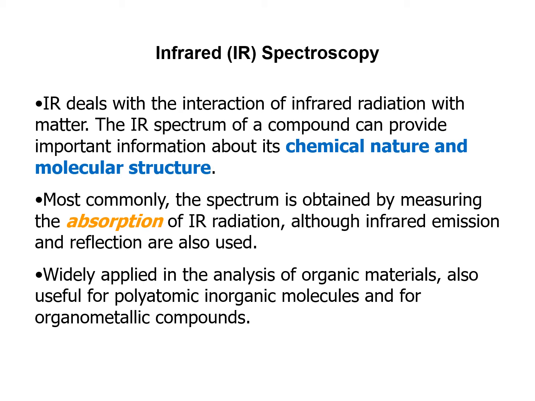You can have IR radiation in the form of absorption, emission, or reflection, but in organic chemistry, we use absorption IR to determine structures of organic materials, polyatomic inorganic materials, or organometallic compounds for that matter.